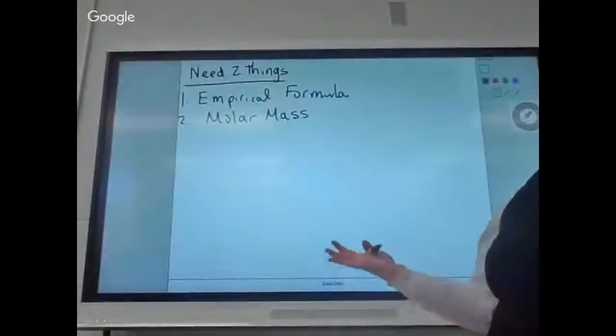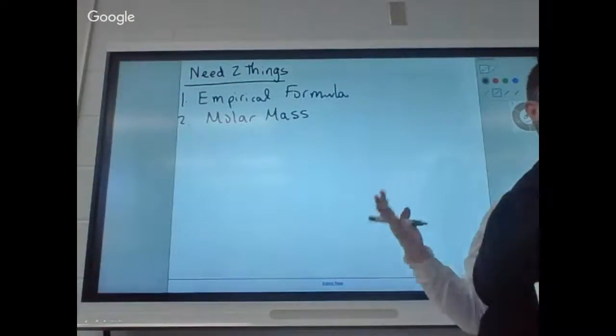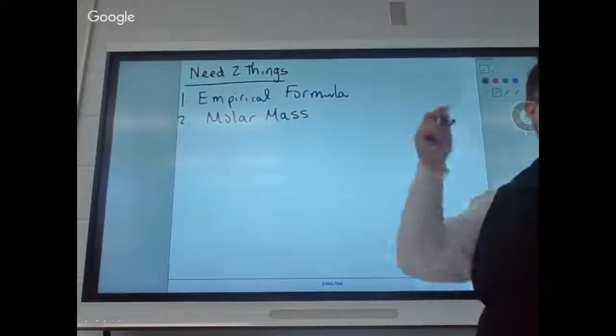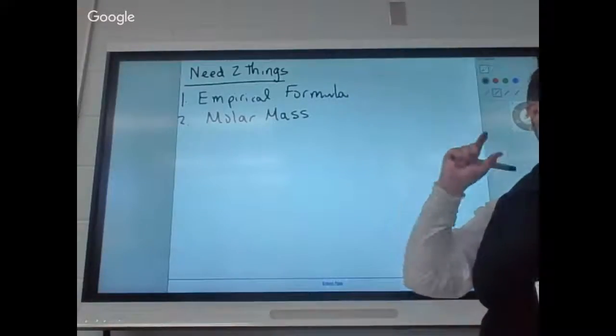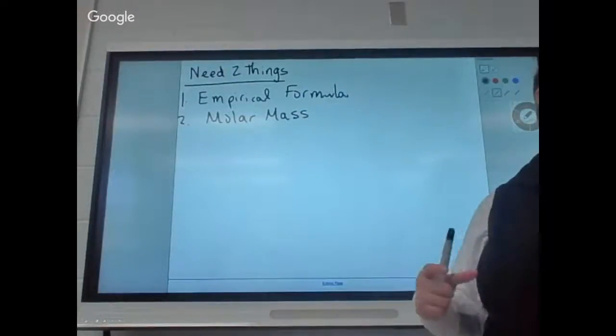So it'll be a combined question. On Wednesday's lab, you'll have to do both parts of the question. You'll have to do the empirical formula problem first, and then the molecular formula problem second. And then you have to write the names.